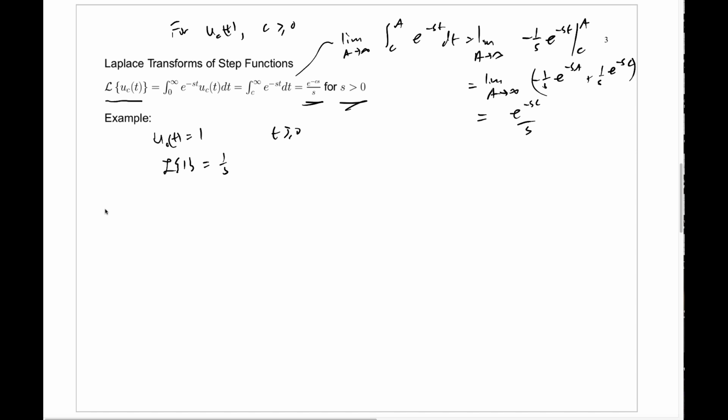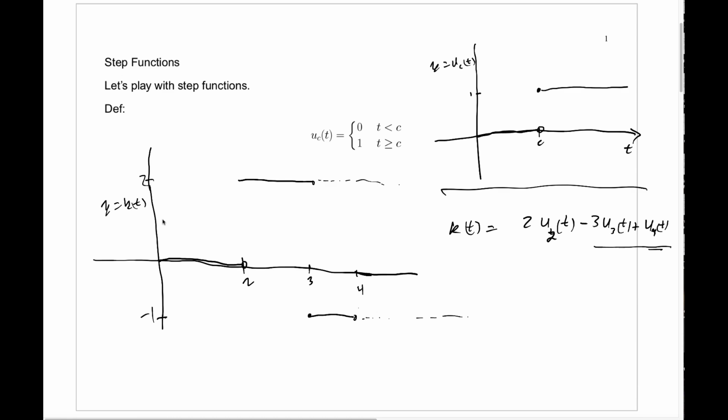How would we take the Laplace transform of this function k of t that we had earlier? So let's take a quick look back. This function k of t was 2 u sub 2 minus 3 u sub 3 plus u sub 4.